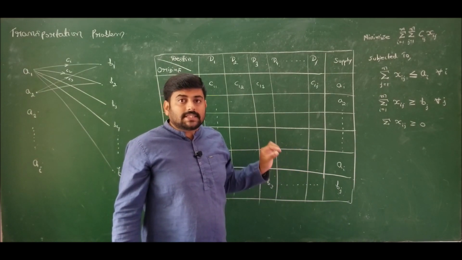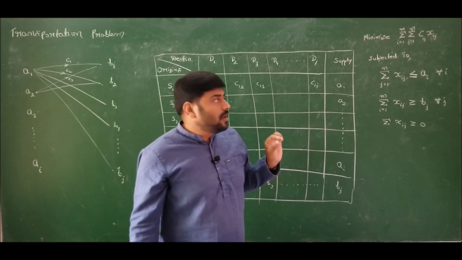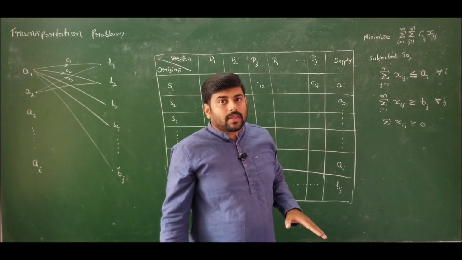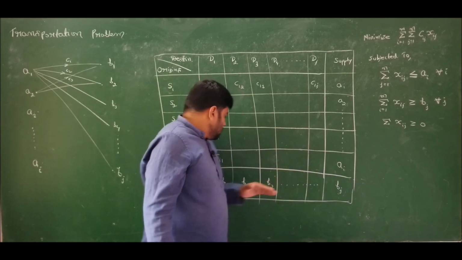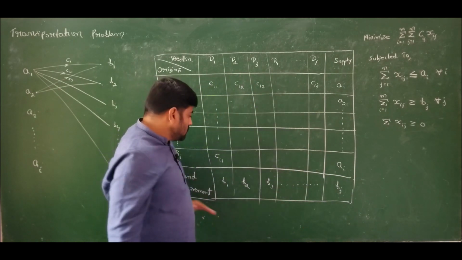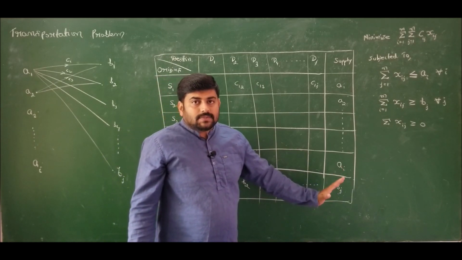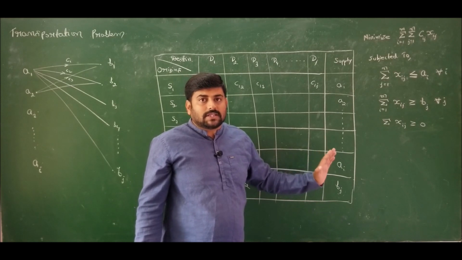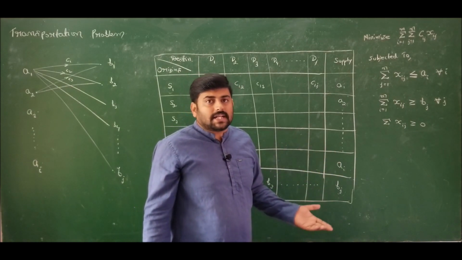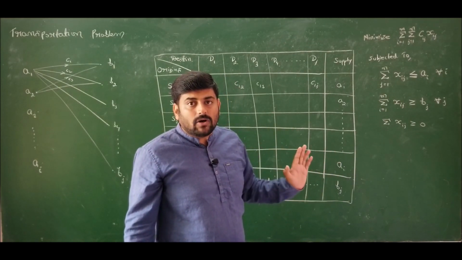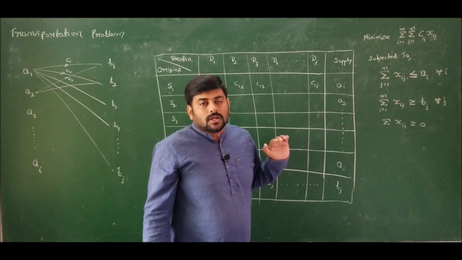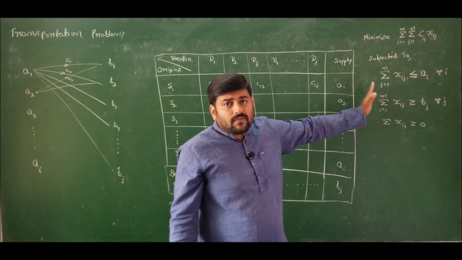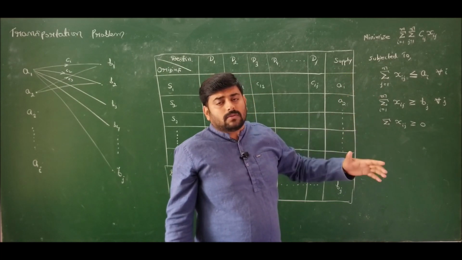Such unbalanced problems will have constraints, not equations. Such an unbalanced transportation problem can be made into a balanced transportation problem by adding a dummy column or dummy row. So this unbalanced transportation problem should first be converted into a balanced transportation problem.